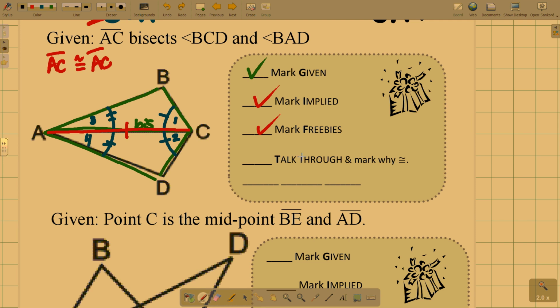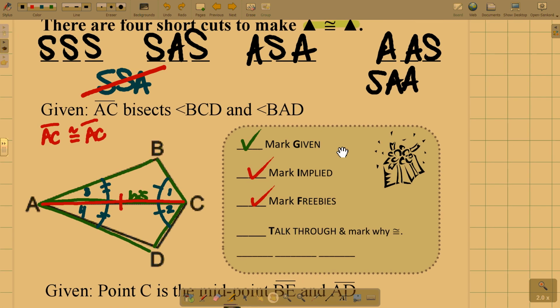Now we talk through and ask ourselves, why is this triangle congruent, matching with one of these hatch marks? You go through and ask yourself right here, I have a pair of angles, and then I have a pair of sides, and then here I have a pair of angles again.